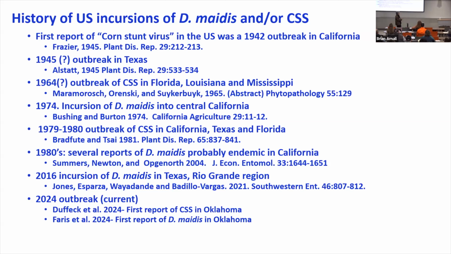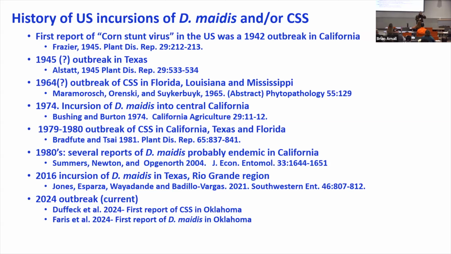All right, then in the 1980s, there were several reports of Dalbulus that were likely endemic in California at the time. This is Charlie Summers' paper where he discussed overwintering hosts, okay? So it's probably been endemic in California since at least the early 90s, probably before that.